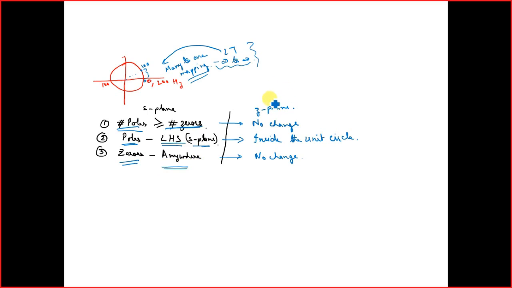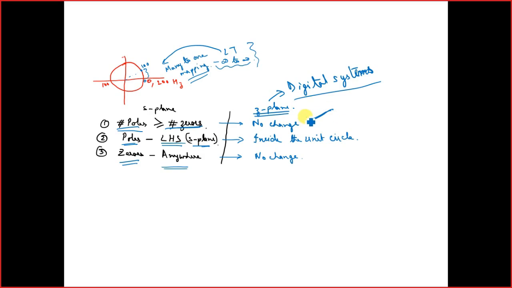While we are discussing the digital systems, which we designed with the help of the Z plane, the number of poles should be greater than zeros. It remains as it is.